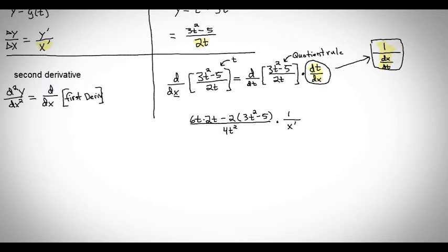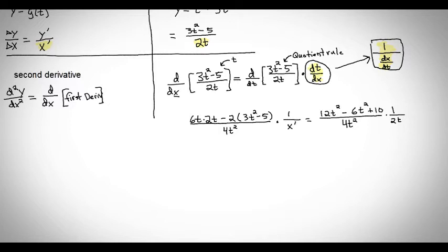And so as I simplify this, 6t times 2t is 12t squared minus 6t squared plus 10 all over 4t squared times 1 over x prime, which we know over here is 2t.